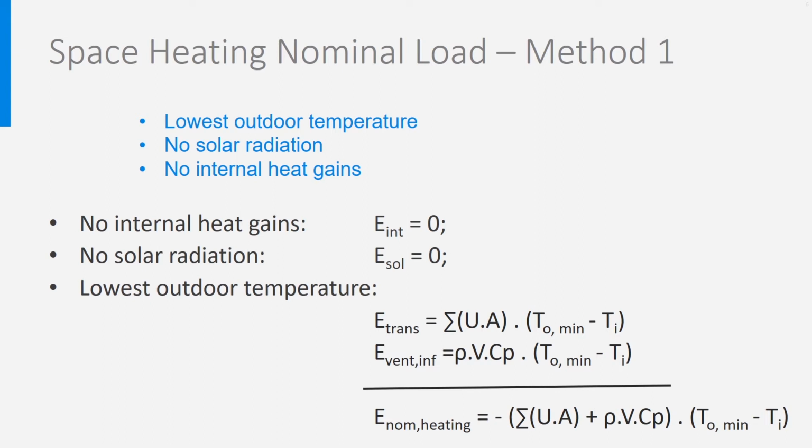It also means that the transmission and ventilation and infiltration energy should be calculated for this lowest outdoor temperature, T_o,min in the slide. And finally, we make the balance to find out the nominal heating energy, which is the energy needed during this coldest hour. That's the last equation on the slide.